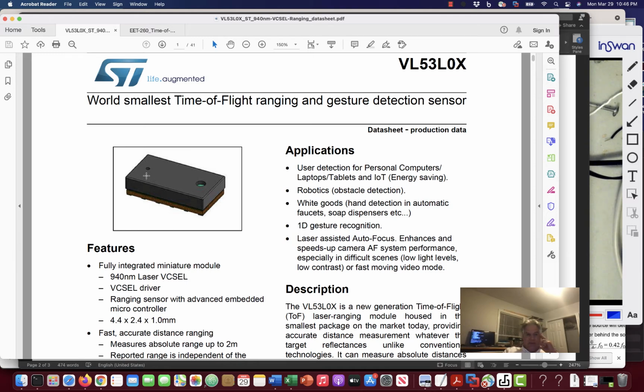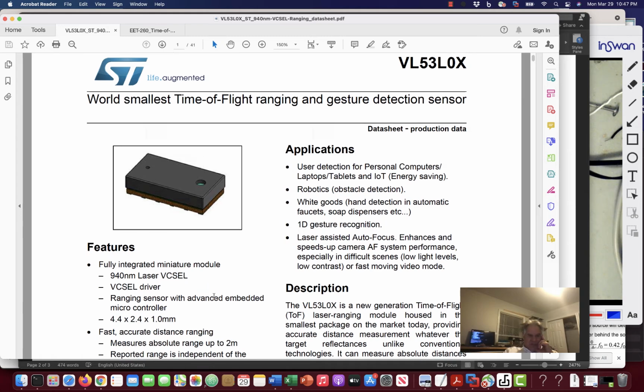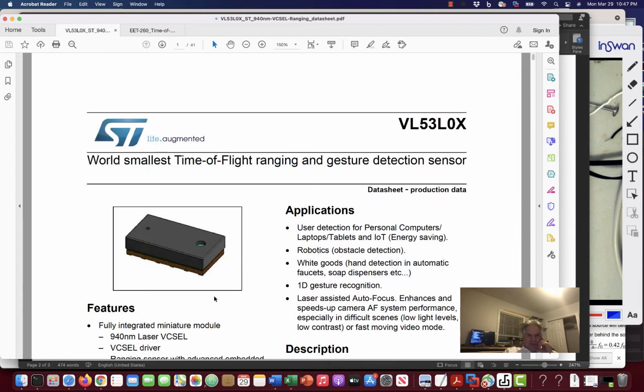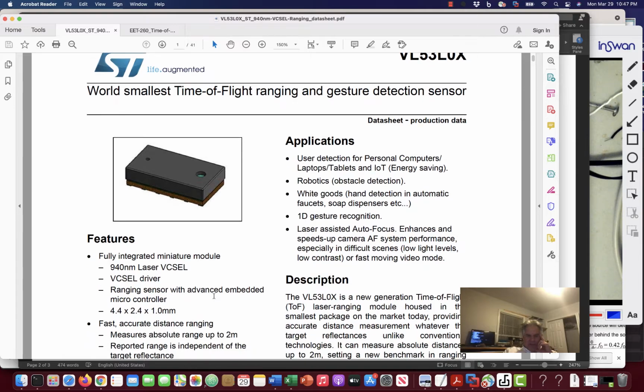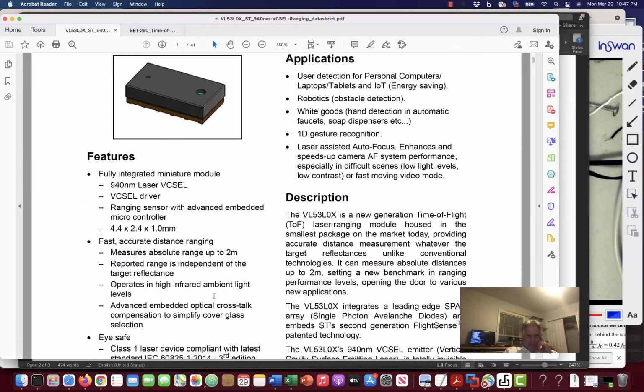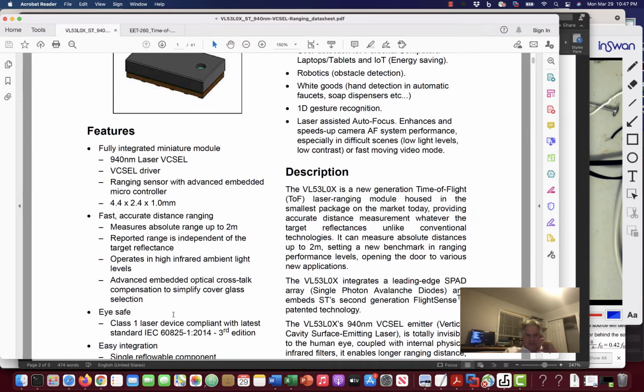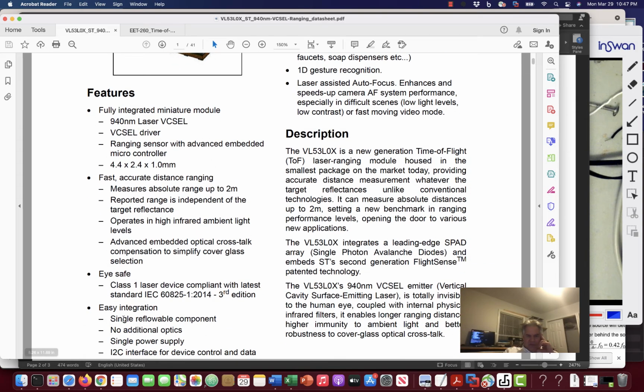It is a laser, and that laser sends out pulses of laser light and then senses them in a receiver. And they make these for various distances, and it's a class 1 eye-safe laser. You can see that all in here.